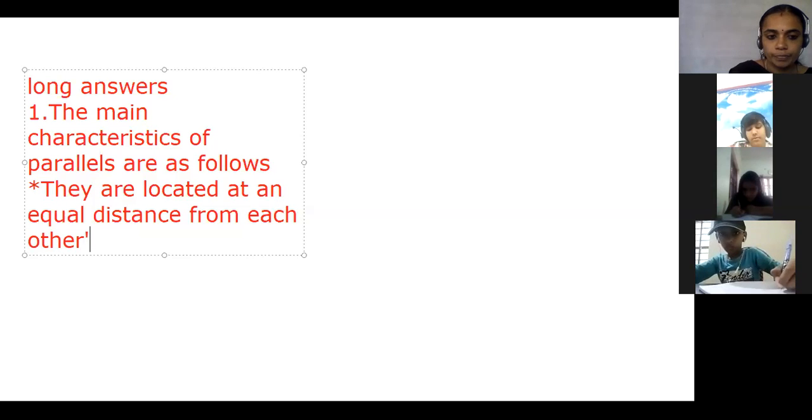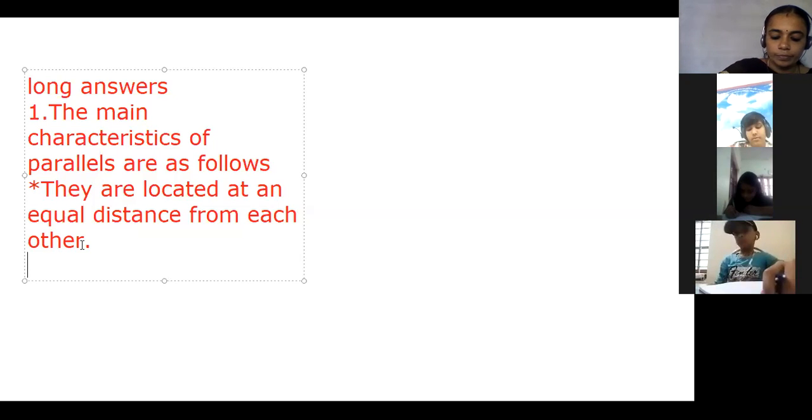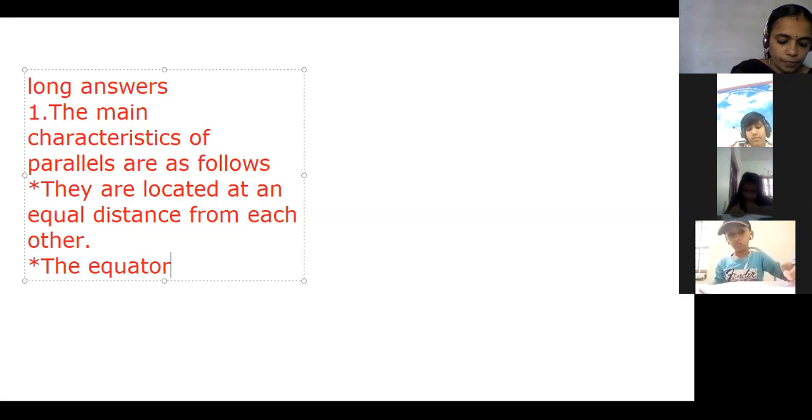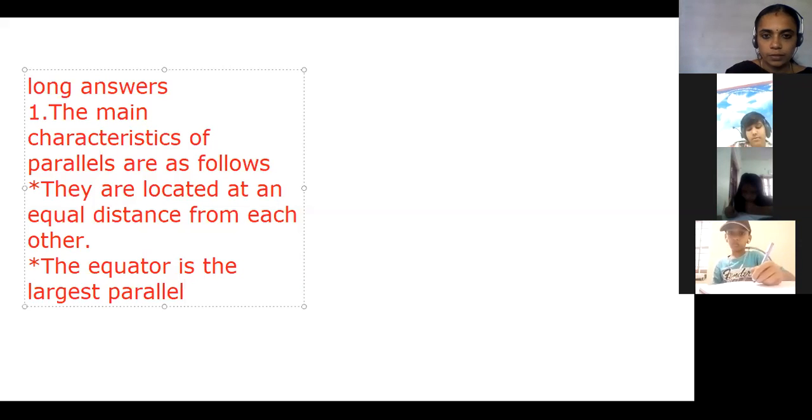Second point. The equator is the largest parallel. Full stop.